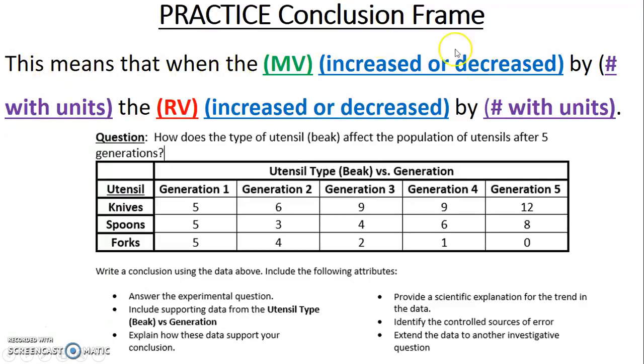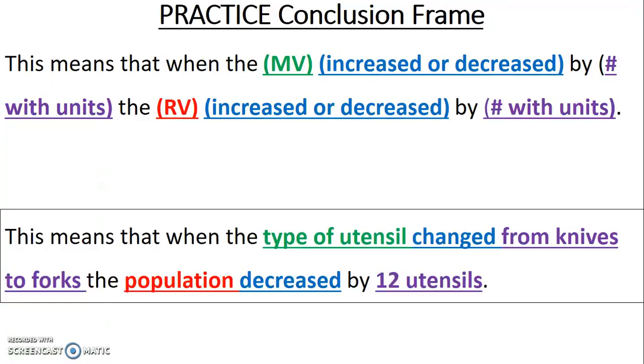So you should have your sentence now with the blanks filled in, and let's take a look at what it should look like. So this means that when the type of utensil changed, so remember we can't increase or decrease the type of utensil, it's just going to change. And because there's no amount, we don't really have a number with any units, we just have the type of utensil.